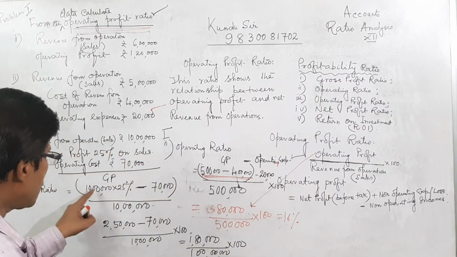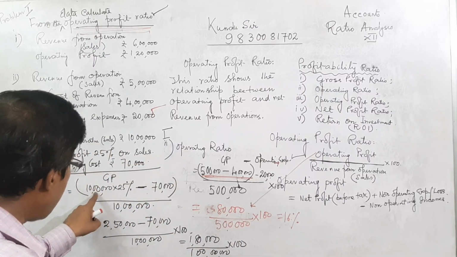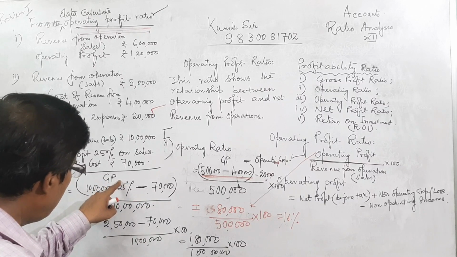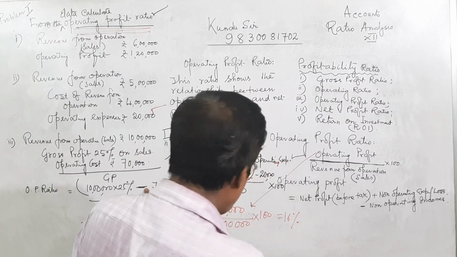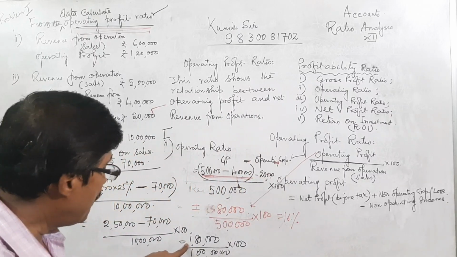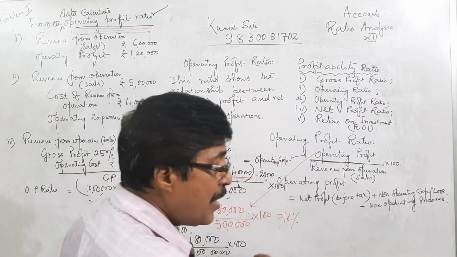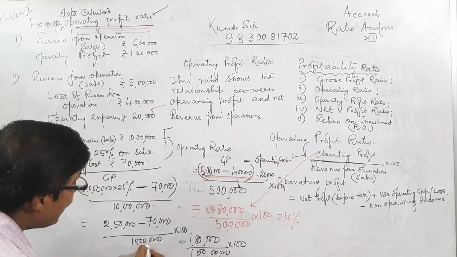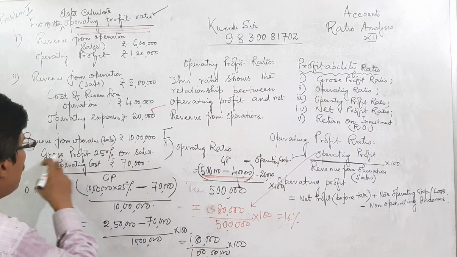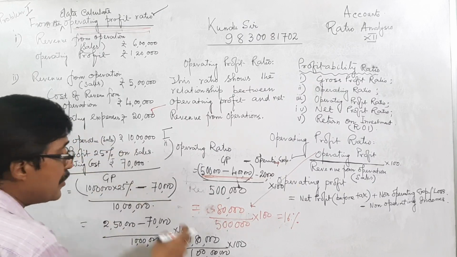That is, gross profit equals 10 lakhs into 25% minus operating expenses of 70,000, the numerator becoming 1,80,000, divided by the total 10 lakhs, that is revenue from operation or net sales, into 100.